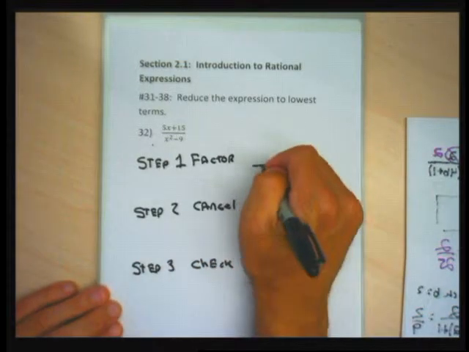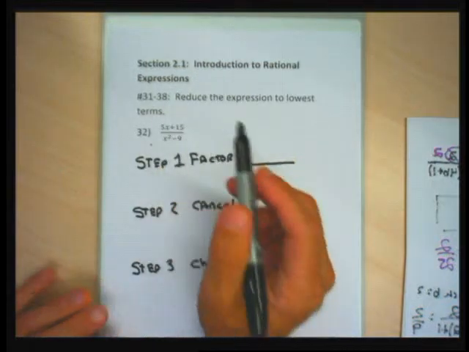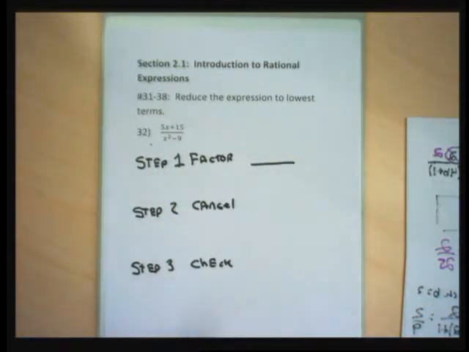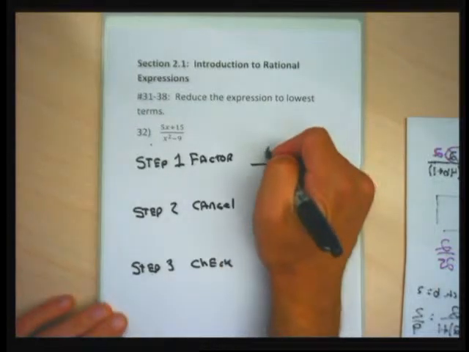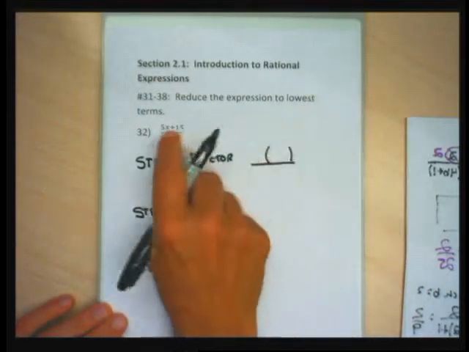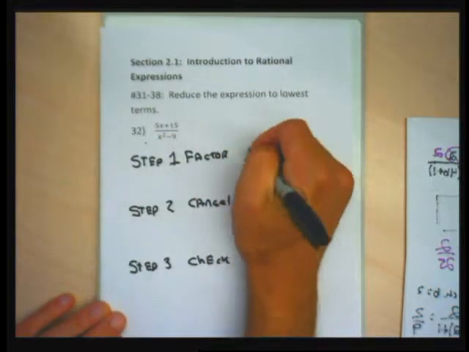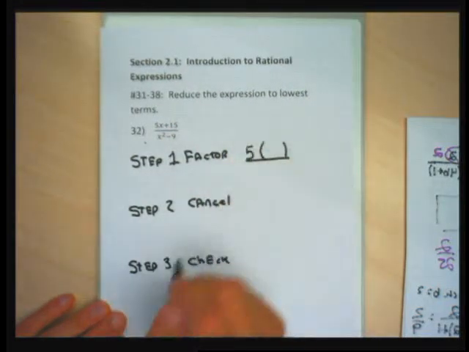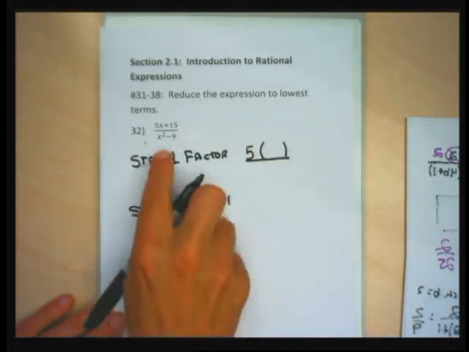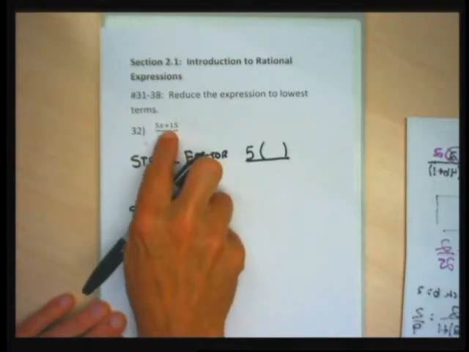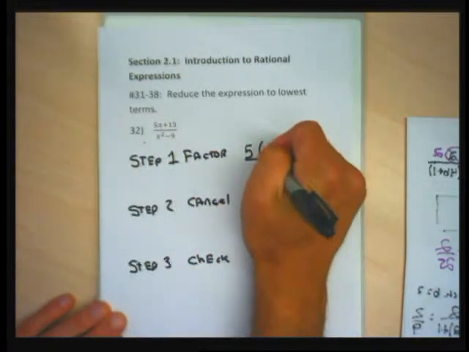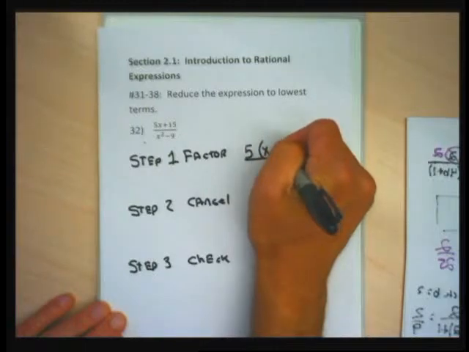So 2 factorings. The numerator doesn't have a square, so I can't get 2 parentheses. The best I can do in the numerator is have a 1 parentheses common factor factoring, and both 5 and 15 are divisible by 5, so there's a common factor of a 5. I'm going to divide the 5 and the 15 by 5 and leave the plus sign, and have an x plus 3 left over.